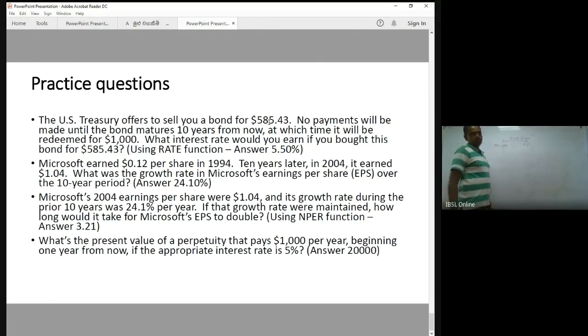How long will it take for EPS to double? Meaning from 1.04 to 2.08 doubles. How long? The question is how long does it take?